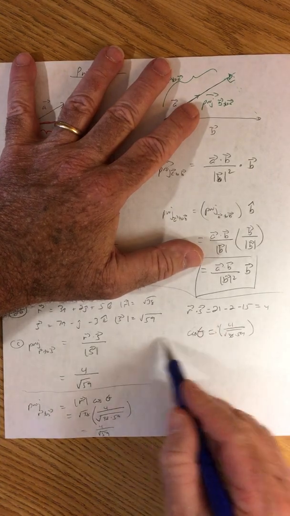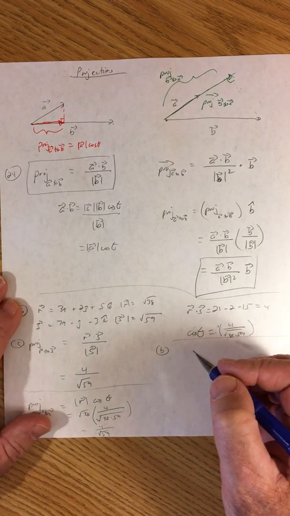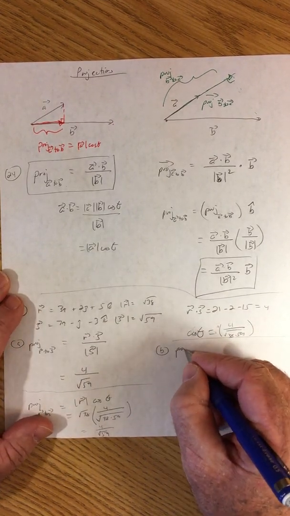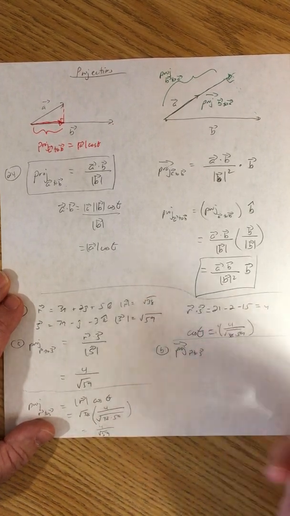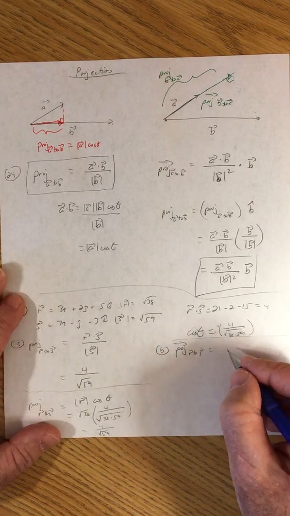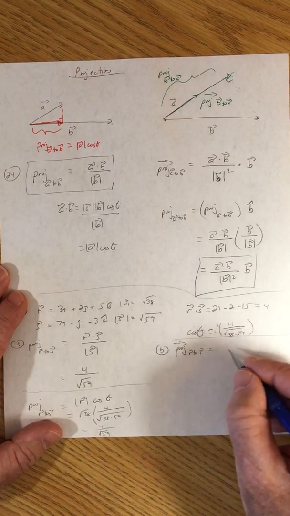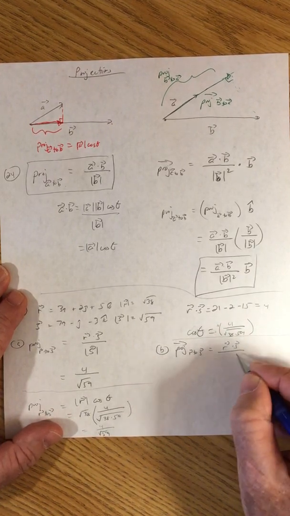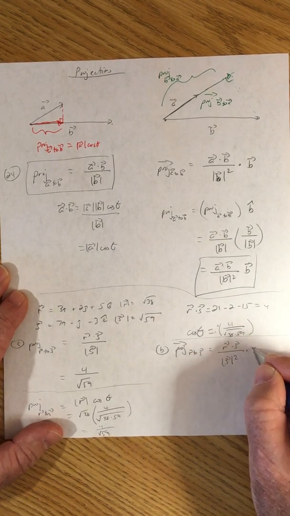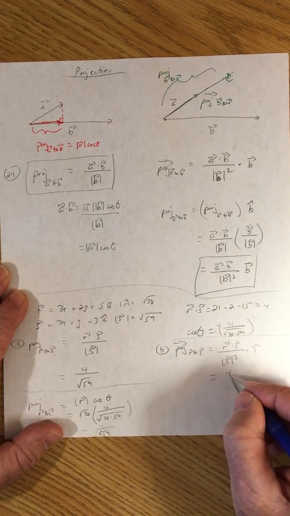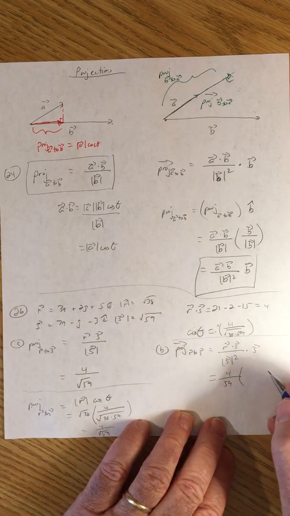Okay, part B of this question says find the vector projection of R onto S. According to this formula, that's equal to R dot S over magnitude S squared times S. We know that's 4, and the magnitude of S squared is 59, multiplied by S, which is a vector.